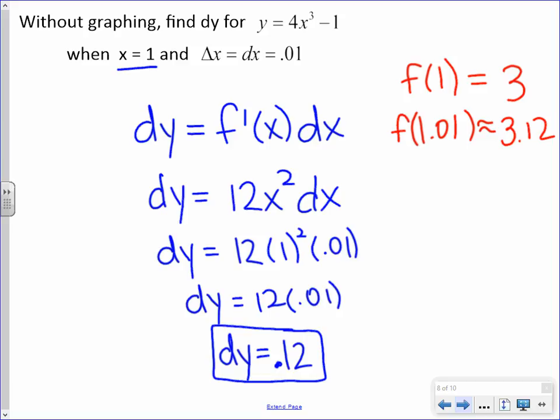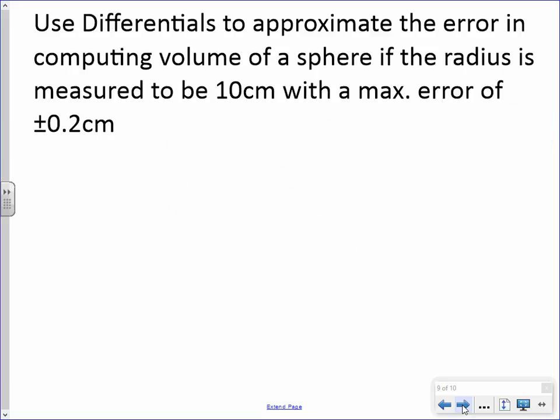Okay? Now, what we're going to do is use differentials to approximate the error in computation. So in this case, we're going to use differentials to approximate the error in computing the volume of a sphere.